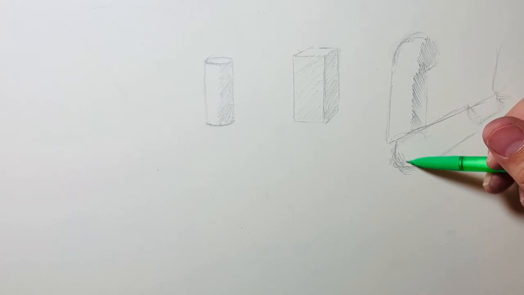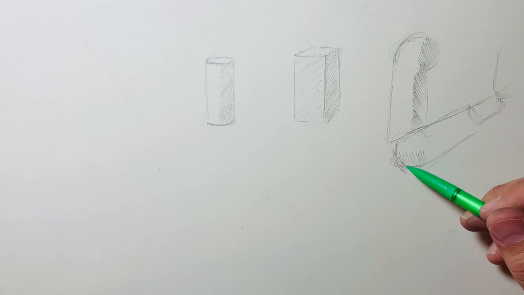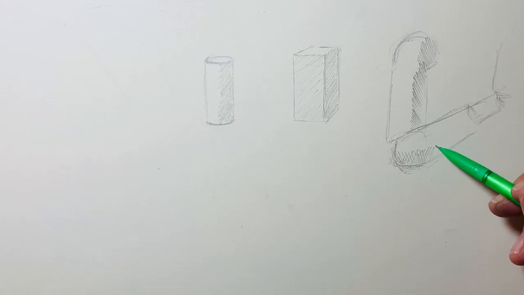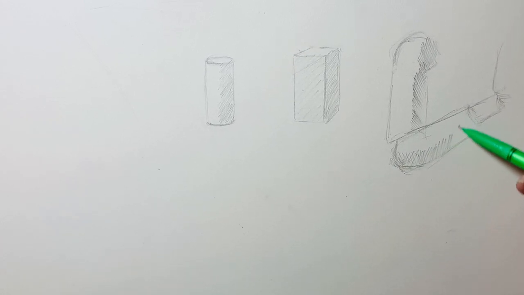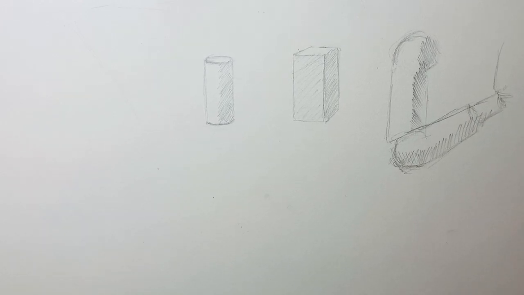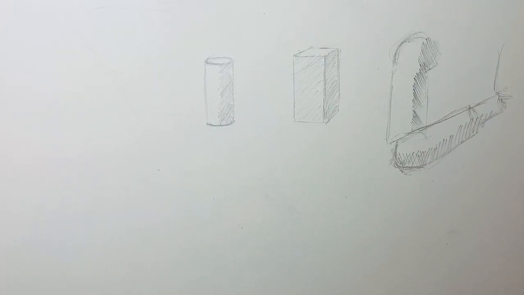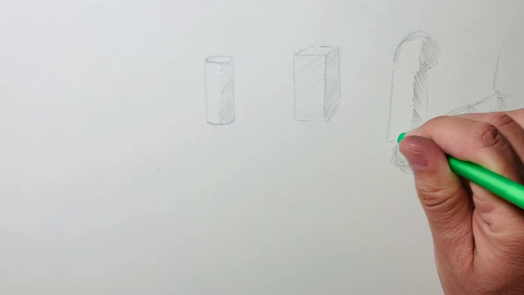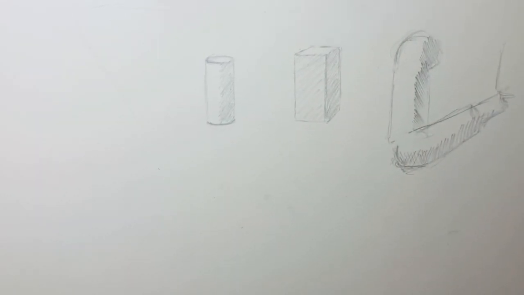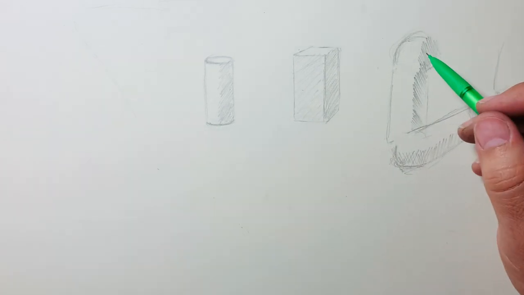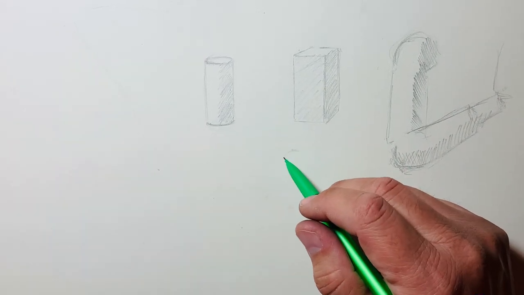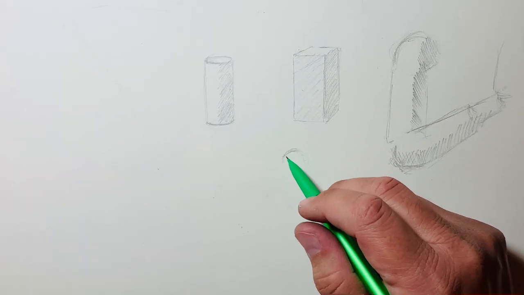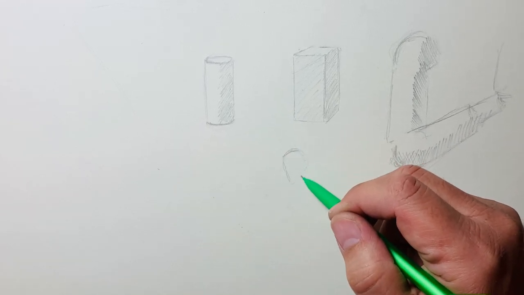Then again, you'll probably have at least the lower half of this that's more in shadow, okay? And like I said, with just a real basic shape like that, we get a real sense of light.